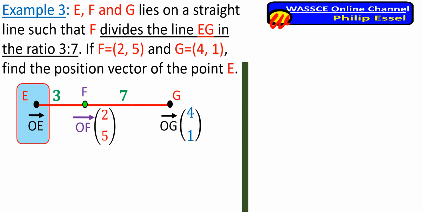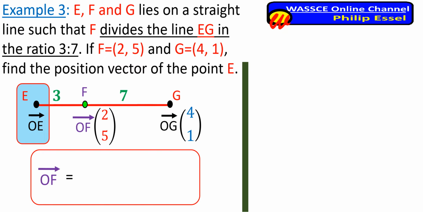The only difference is that after we state the same formula, we'll just change subjects to look for the vector OE. Then from the vector OE, if we are being asked to find the point E, we'll find the point E. It's as simple as that. So let's state the same formula as if we are looking for the point F.